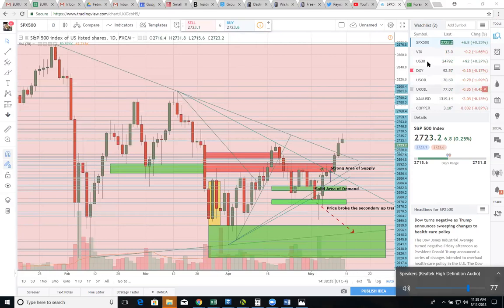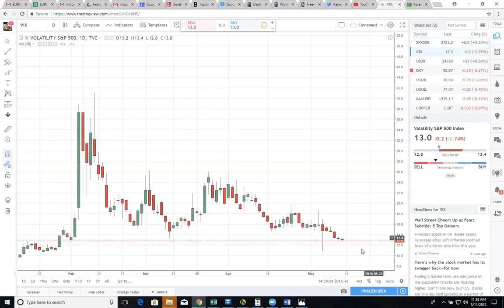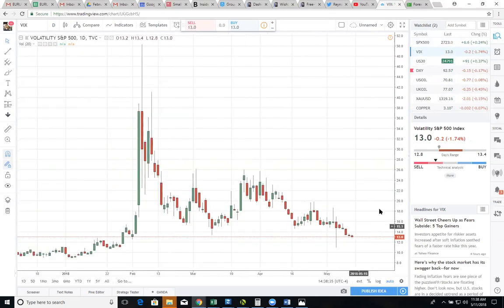All right. Connected with that is now the VIX. Notice there's no fear. There's a lot of security, a lot of certainty. That's why the market keeps going up and the volatility index is basically dropping. So once it hits probably another 12, in actual fact, it's now in the demand as well.